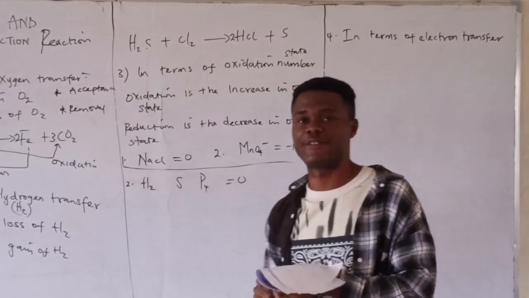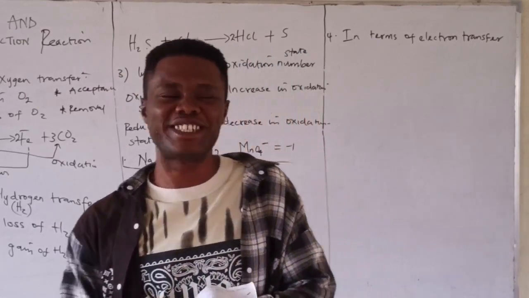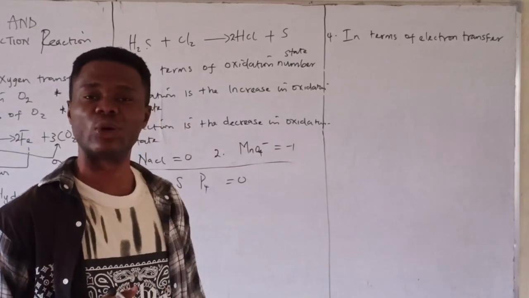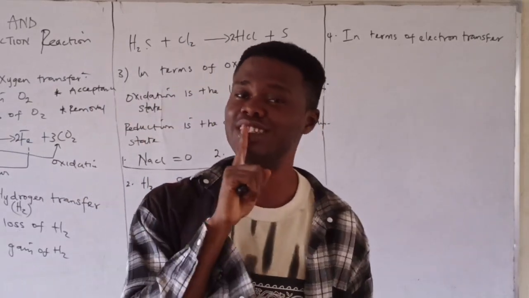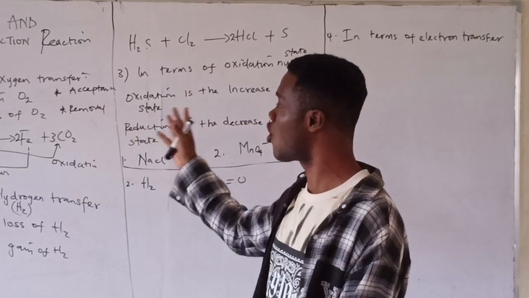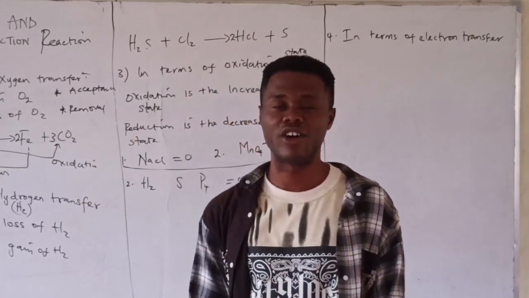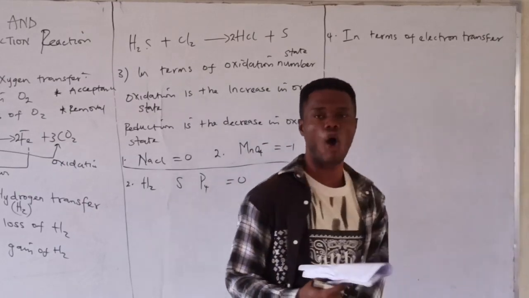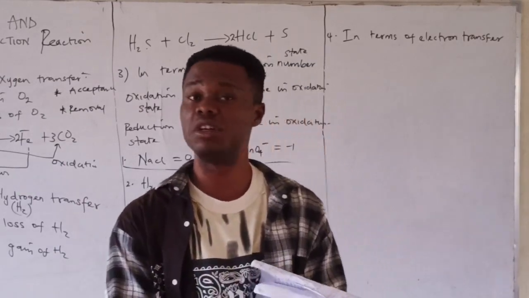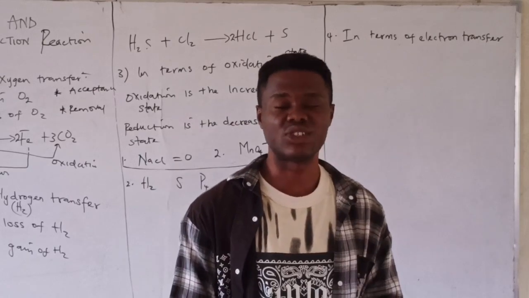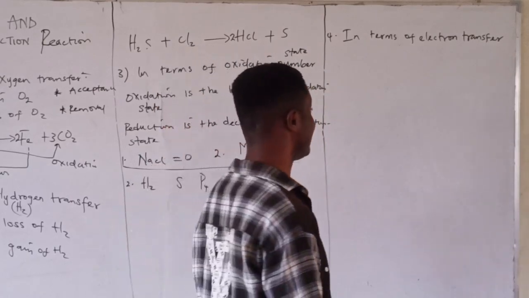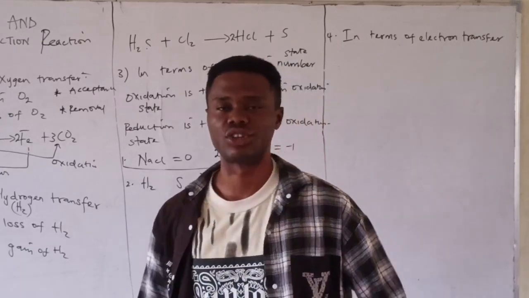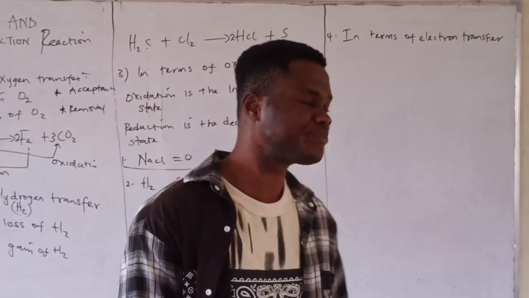I would say that reduction and oxidation in terms of electron transfer is literally the most important among all these definitions, because I feel that electron transfer occurs in every other reaction. Since it occurs in every other reaction, that is why I term this as literally the most important definition of oxidation and reduction.